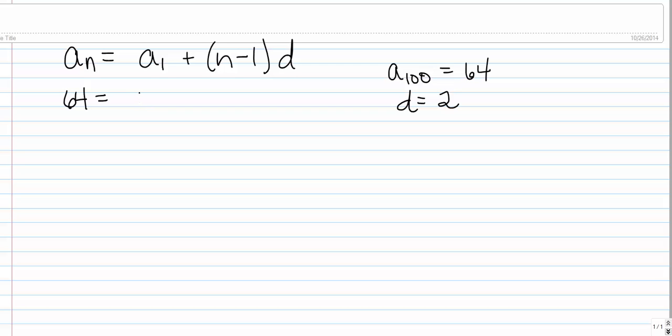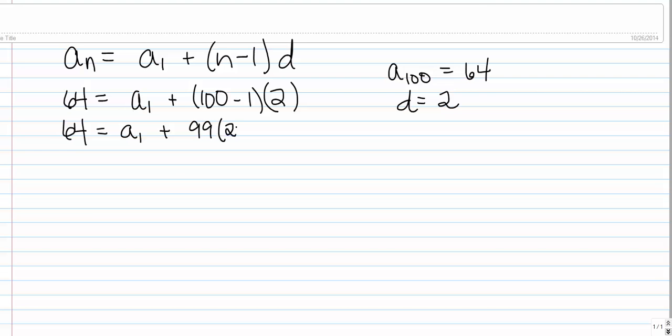The first item in the list I don't know. I do know that 64 is in the 100th spot, so I need to plug 100 in there. And I know that the common difference is 2. So if I clean up and do some of this math here, 100 minus 1 is 99. 99 times 2 is going to be 198.